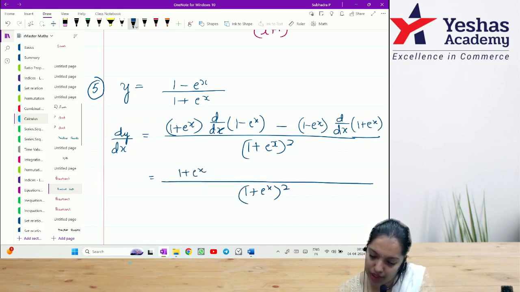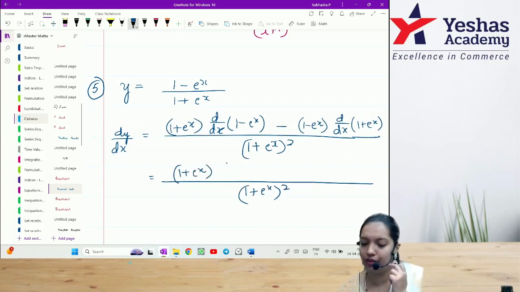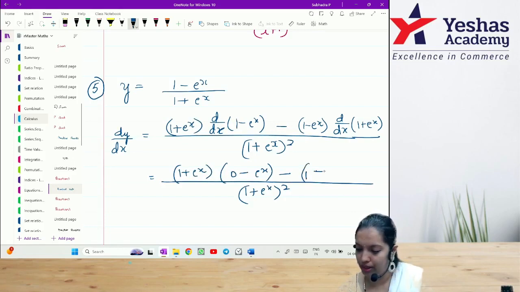1 plus e power x into, what is derivative of 1? What is derivative of e power x? Minus 1 minus e power x into, what is derivative of 1? 0. What is derivative of e power x? E power x.